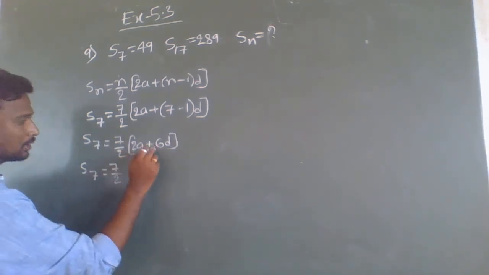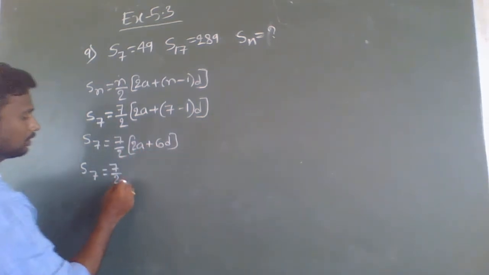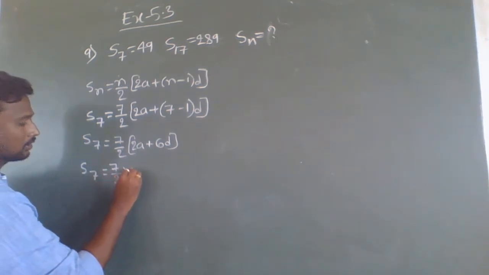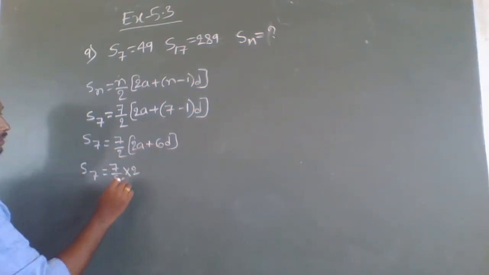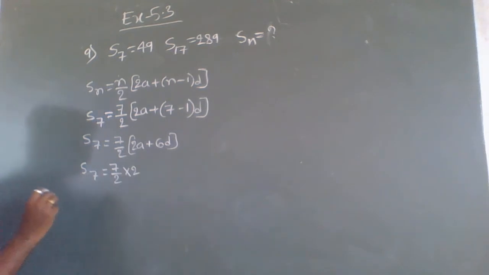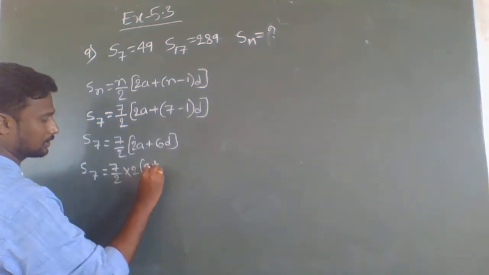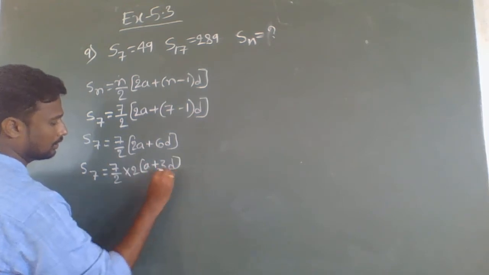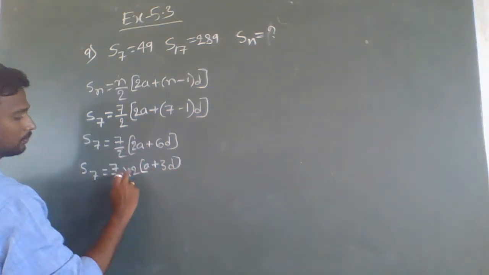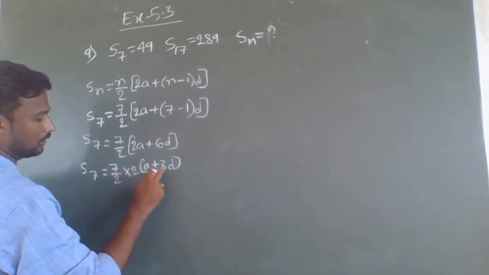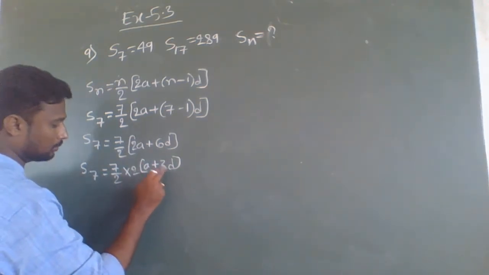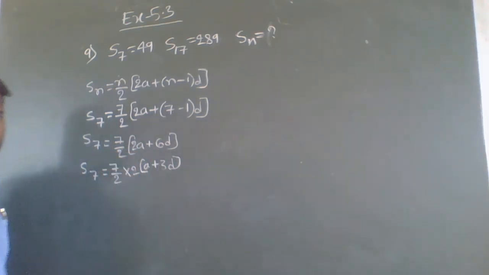Here in 2a plus 6d, I can take 2 as common. So in the bracket I will write a plus 3d. Why? 2 into a is 2a, and 2 into 3d means 6d.